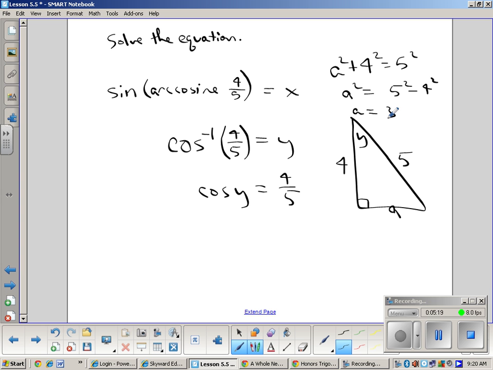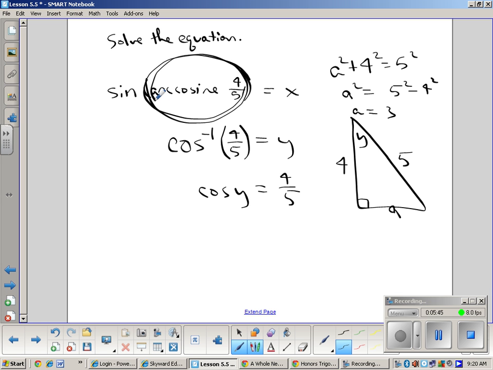So what we're saying then is sine of this number is going to equal x. We haven't found this number yet, have we? We could use our calculator and get a decimal value, but it's not going to be exact.